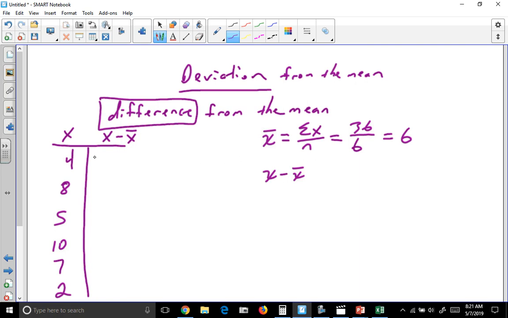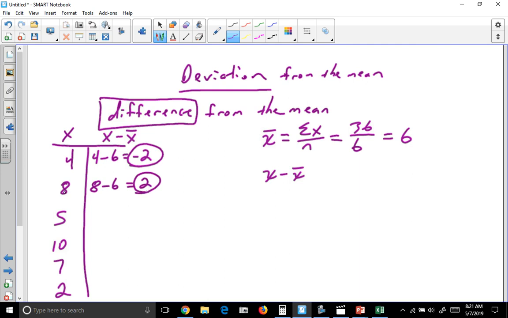So if we take the first number minus the mean, notice we actually get a negative value. Negative because this number is below the mean. If we take the next number and subtract the mean, we get a positive value because that's above the mean 2 units.